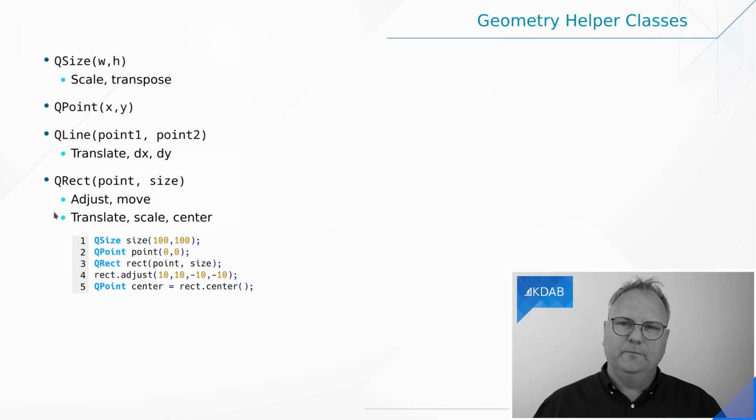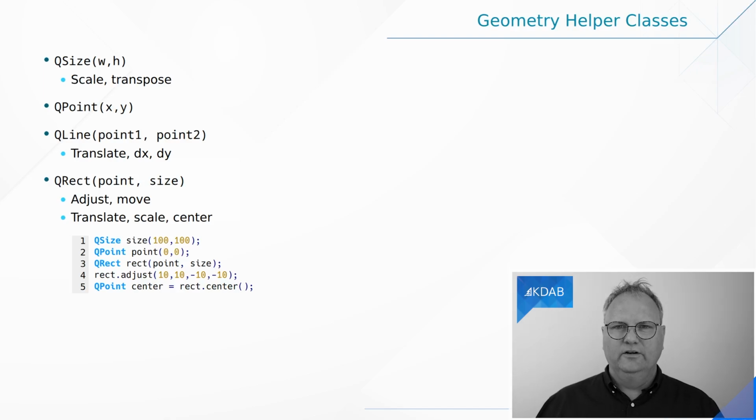And here is the part where it's useful to point out that your QRect class actually has the ability of doing some not very difficult calculation. I have a size here that's 100 by 100 at 0,0. I create my rectangle for this, and this might be that I want to just create the illusion of a frame around a picture.